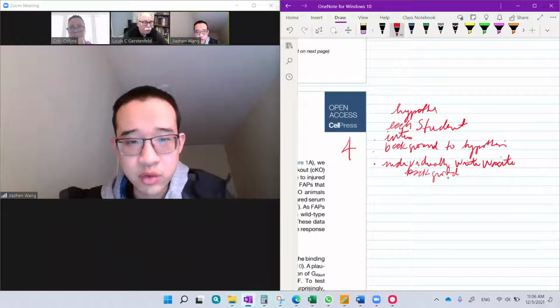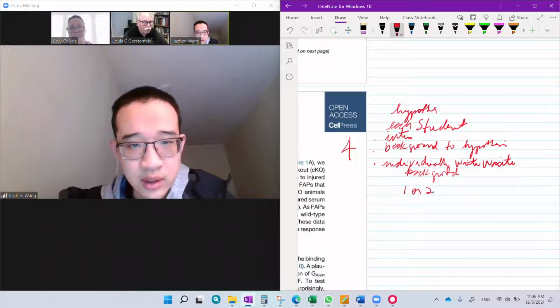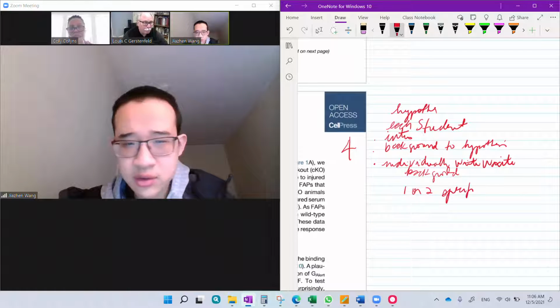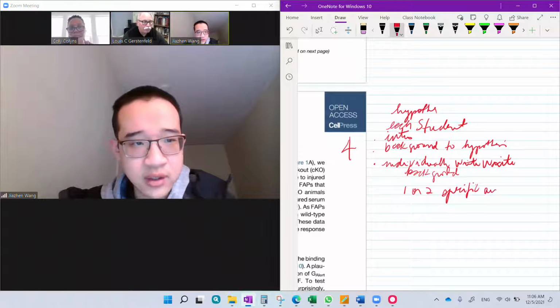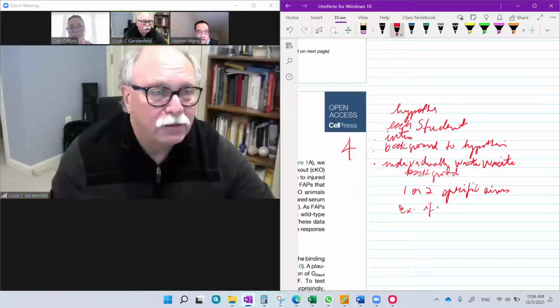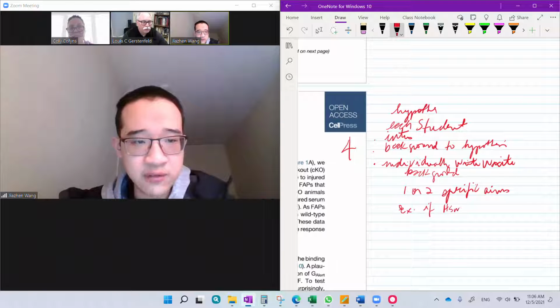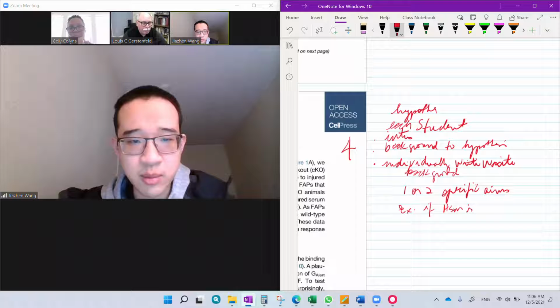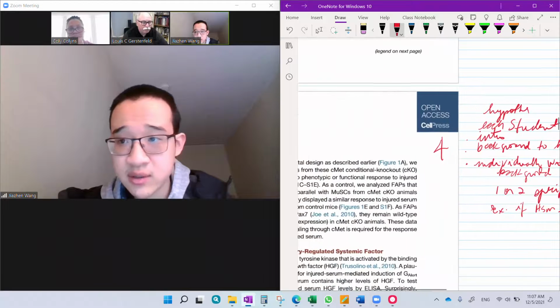And you said we need to write 1 to 2 specific aims based on the hypothesis. Right. And there are 3 specific aims here. The first is to figure out if HGFA is sufficient to induce the G alert transition of stem cells. The second is to figure out if HGFA is a factor in injury serum that stimulates the G alert transition of MuSCs and the FAPs.